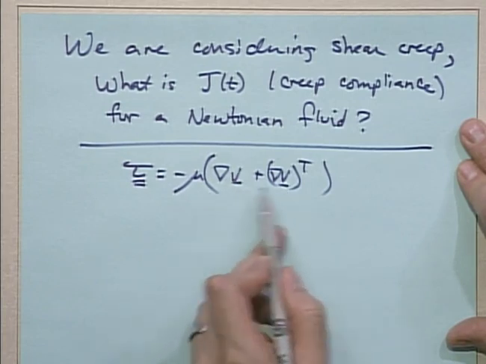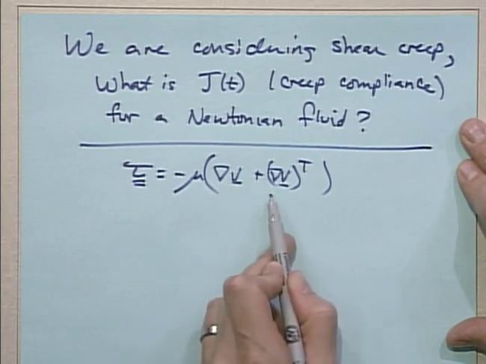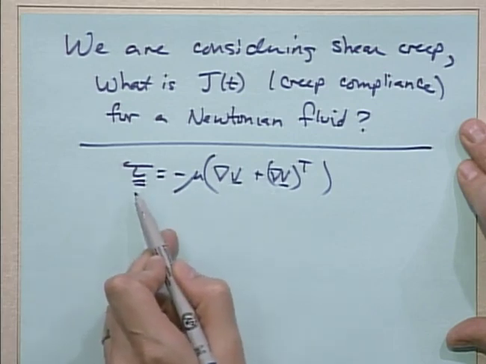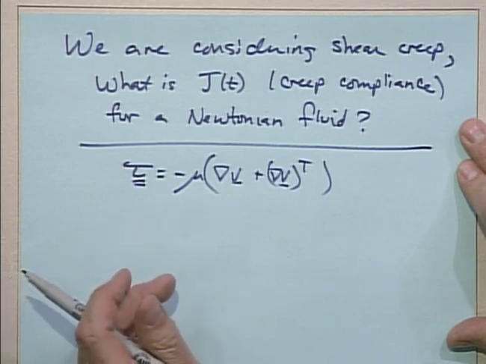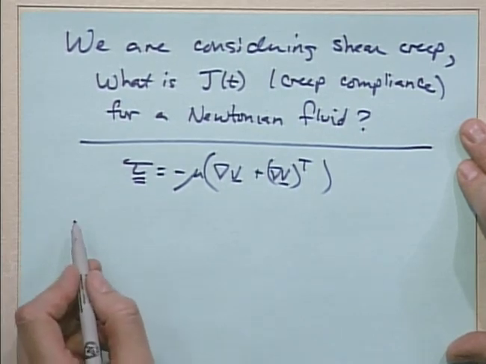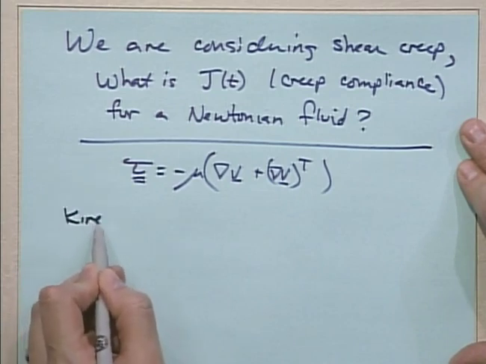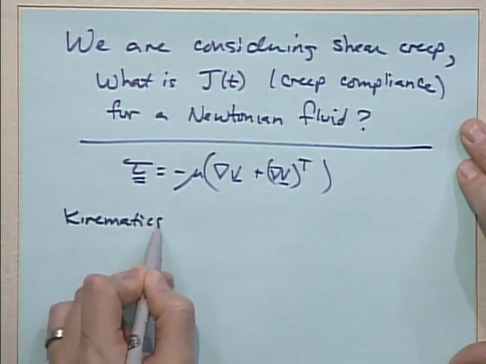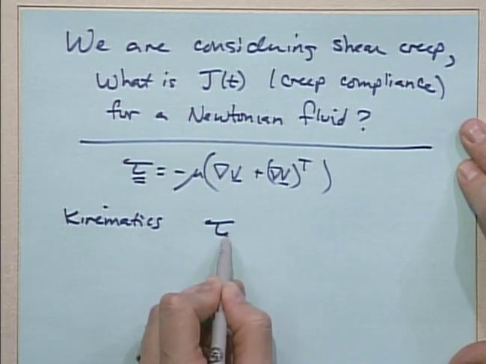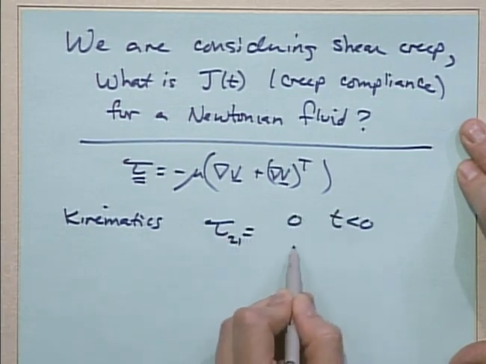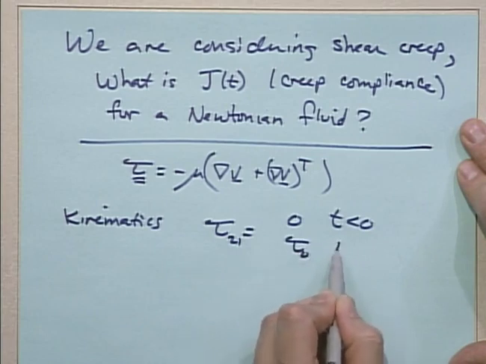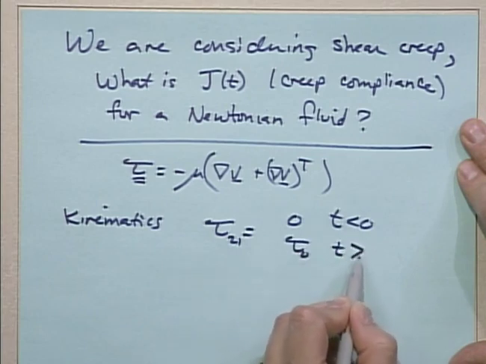And we just filled in the right-hand side of this equation. That gave us the left-hand side. And then we put those taus into the definition, and we were done. This time, the kinematics are that we know the shear stress. Tau 2,1 equals 0 for t less than 0, and it's equal to some constant value for t greater than or equal to 0.